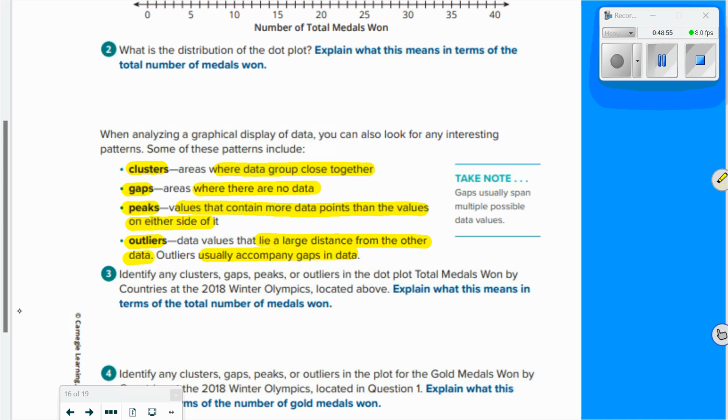Outliers usually accompany gaps in data. It is possible, if you've got a couple of data points that are way outside of everything else, that they're both outliers, and there are statistical methods to figure those out that we're not going to get that deep into. For now, we're just going to use the eye test and say, does it look like it's pretty far away from the data? If it is, we'll call it an outlier.